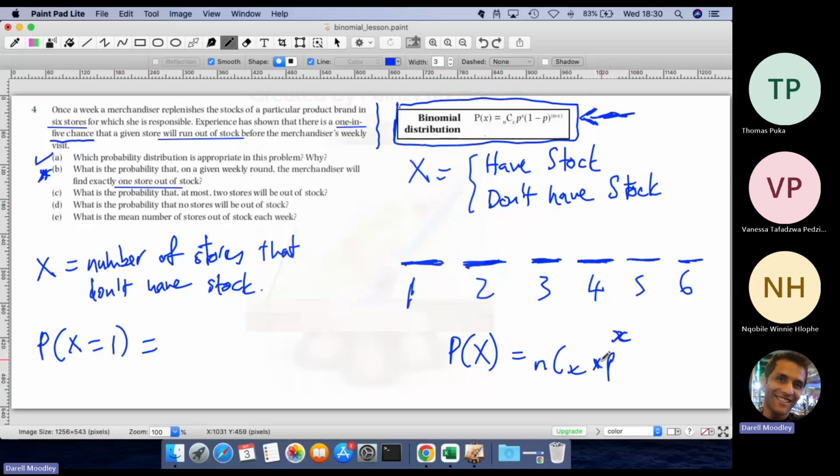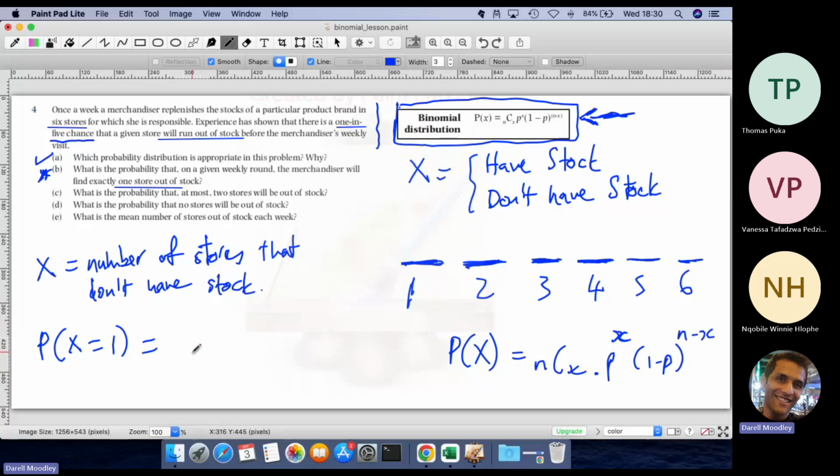This is a multiplication, but if you don't like that and it's confusing with X, then we put a dot. It's the same thing. That times p to the x, times 1 minus p to the n minus x.